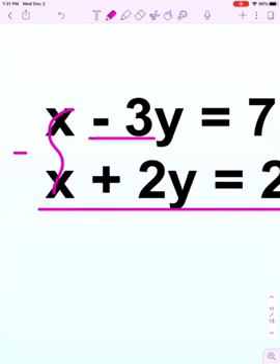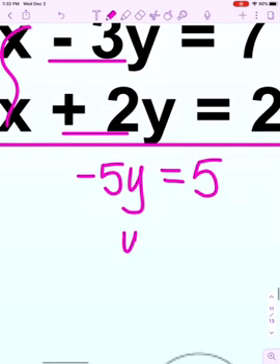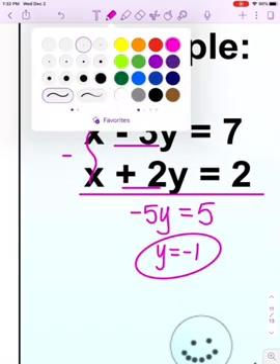Watch your signs. This is a negative 3 minus 2. Negative 3 minus 2 is negative 5y equals 7 minus 2, which is 5. Then you divide. 5 divided by negative 5 is negative 1.